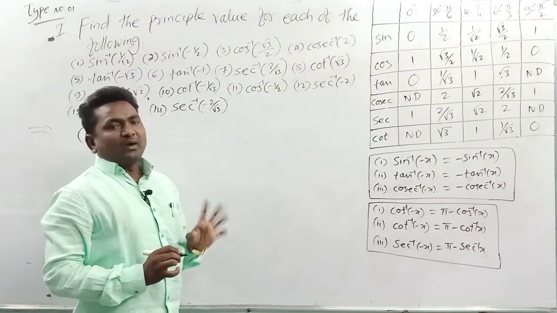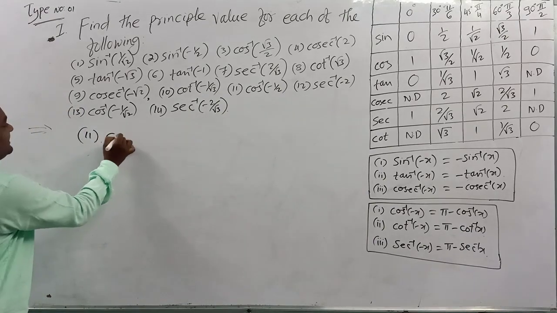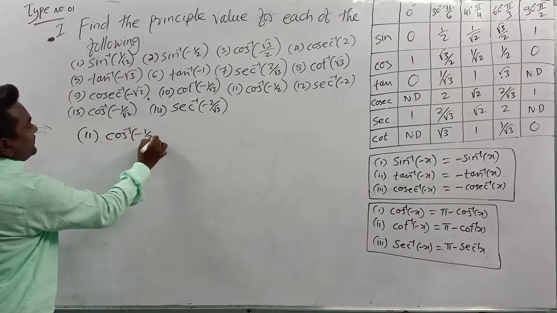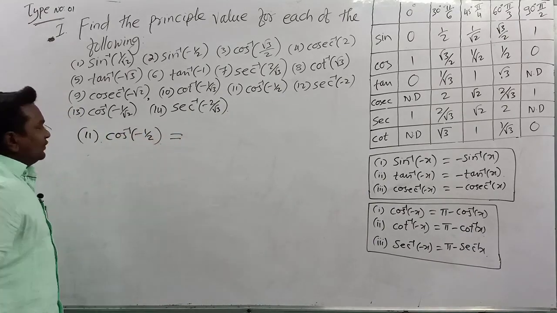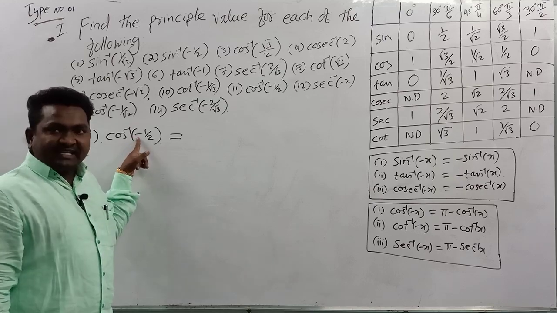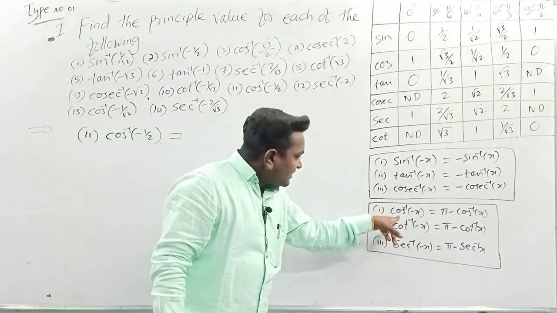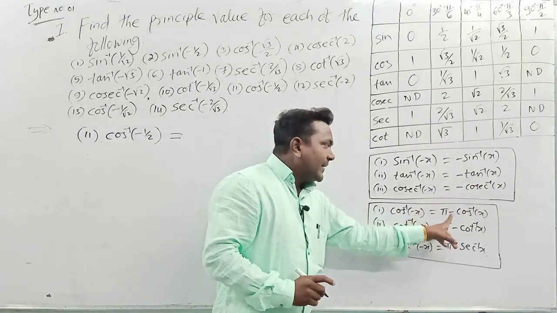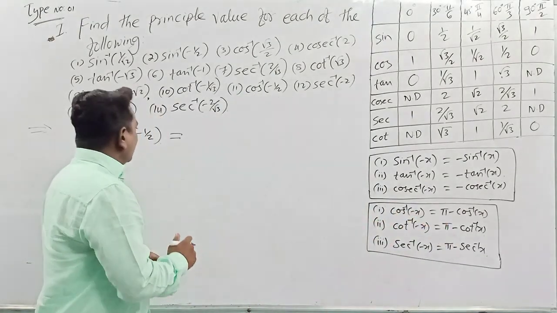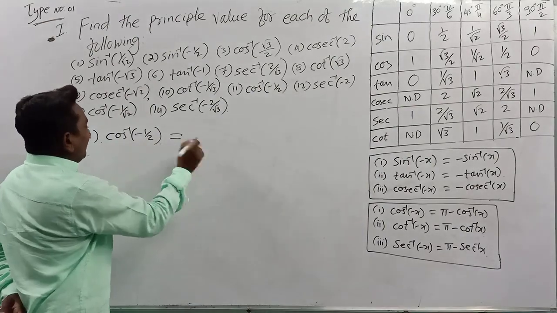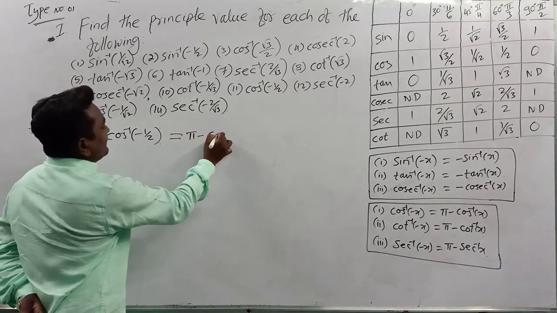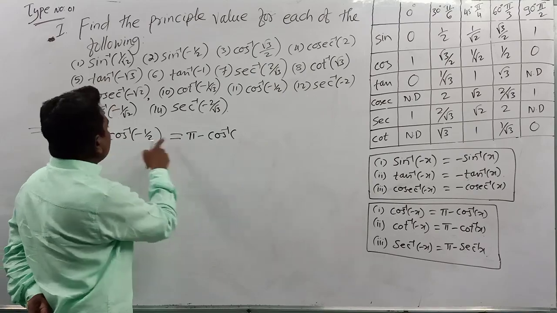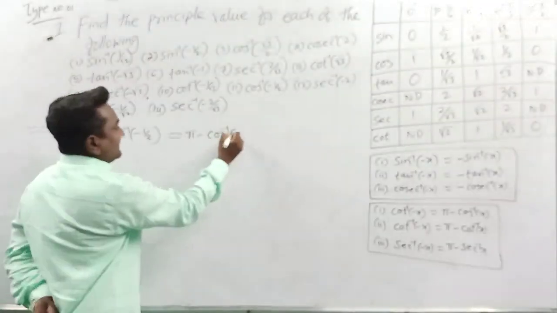Cos inverse minus 1 by 2 is there. So cos inverse minus 1 by 2. Now you have to omit this negative sign, by using the property, cos inverse minus x equal to what? Pi minus cos inverse x. So according to that property, it becomes pi minus cos inverse x, in place of x here 1 by 2 is there.